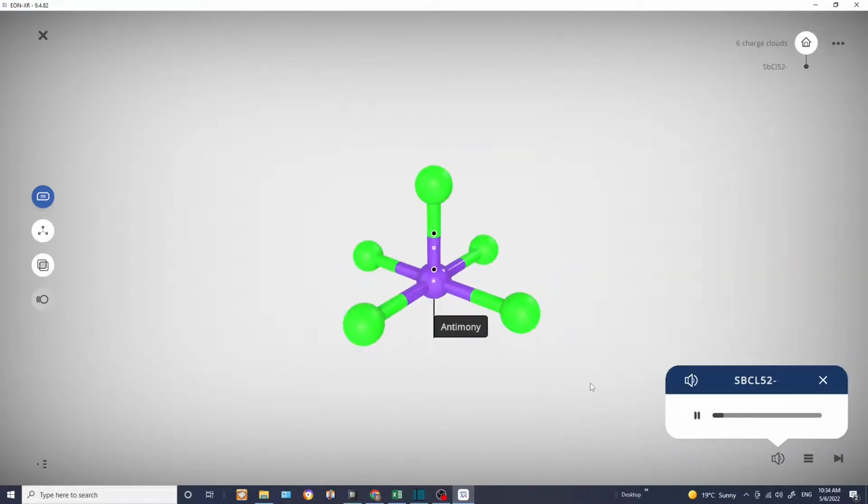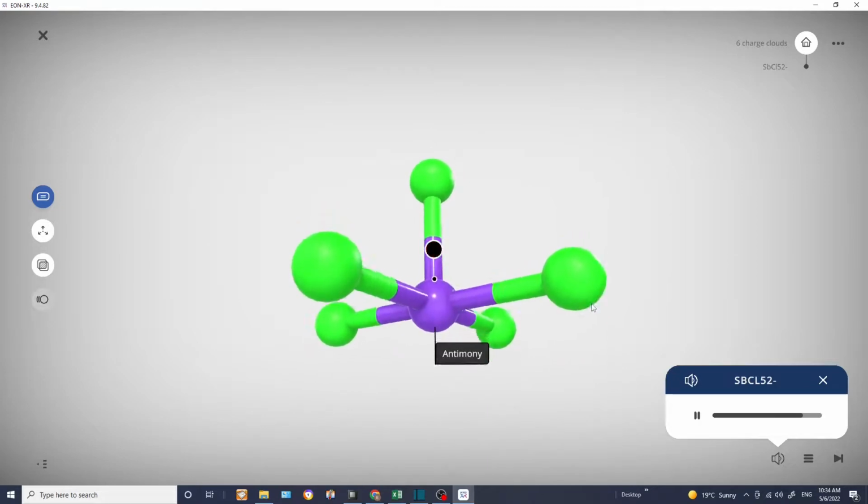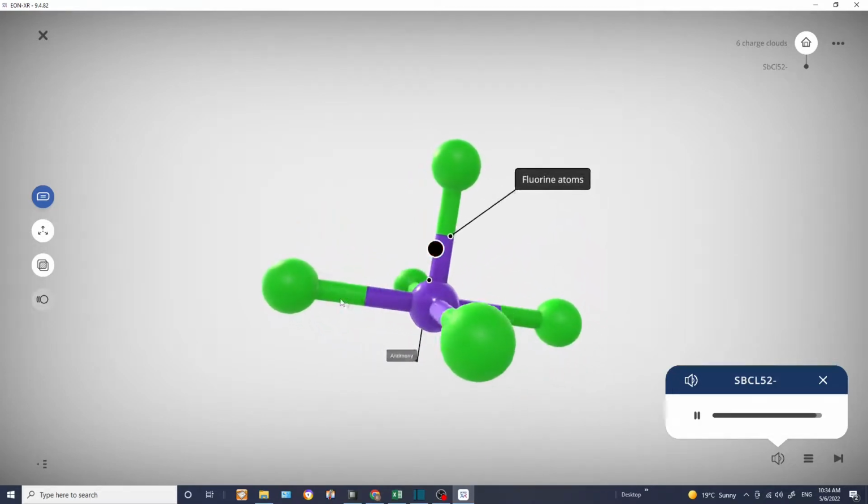So here we are looking at antimony in the middle with 5 fluorine atoms. The lone pair is not shown, but it's still there influencing your molecular geometry. So the molecular geometry of this molecule is square pyramidal.